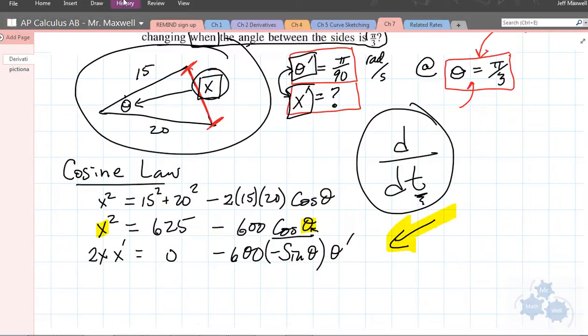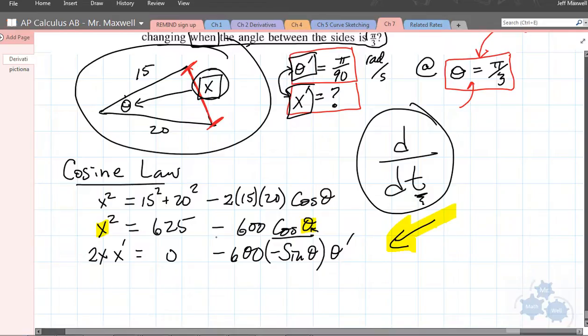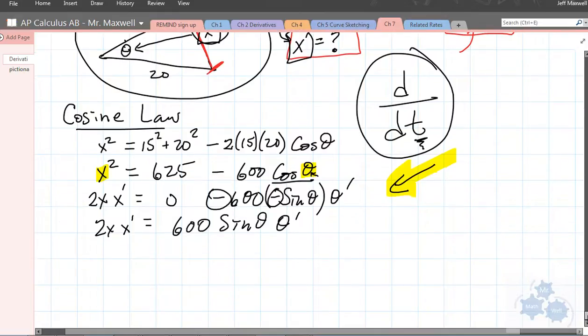So now you don't have to simplify, but I would suggest doing a little simplification. We've got two negatives multiplied here, right? We got a 0, whatever. Let's clean this up a bit. 2x, x prime, do that. And let's just make this positive 600 sine theta, theta prime. All right, so once we've got that cleaned up, now what we want to do is find out this right here, right?